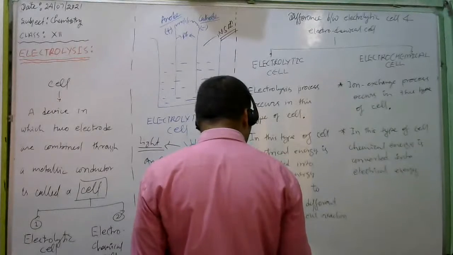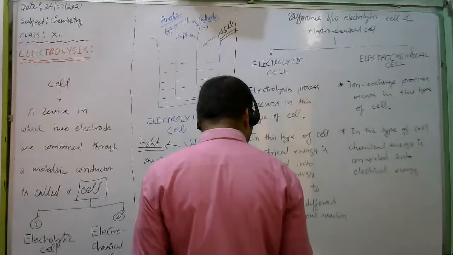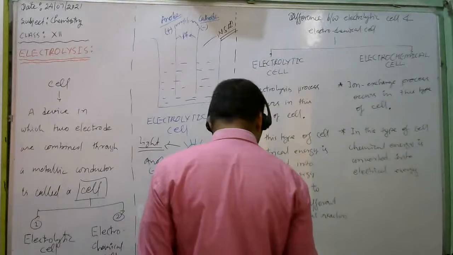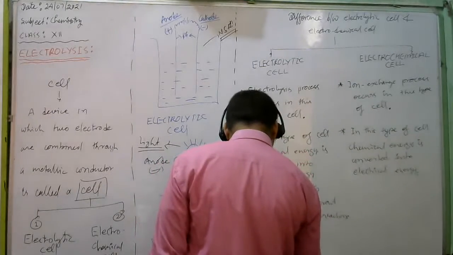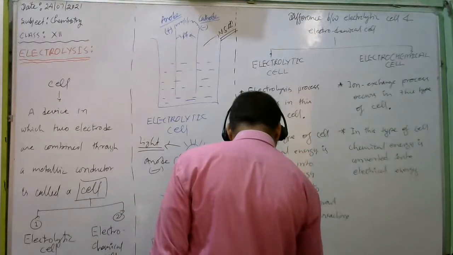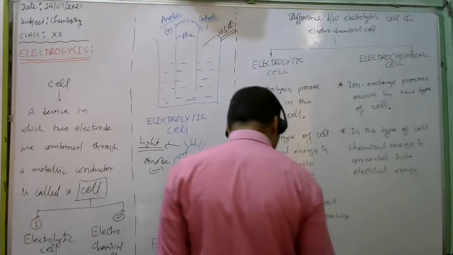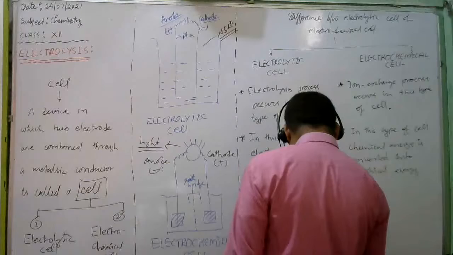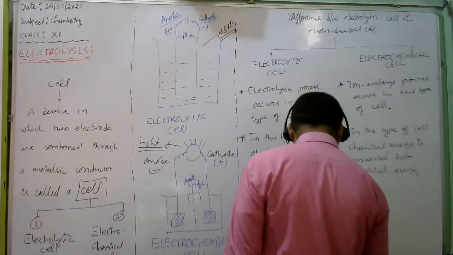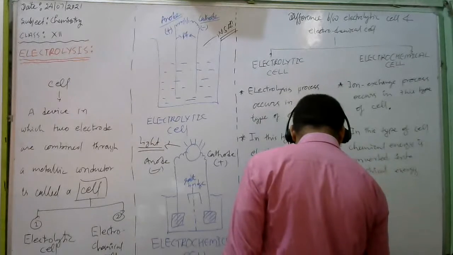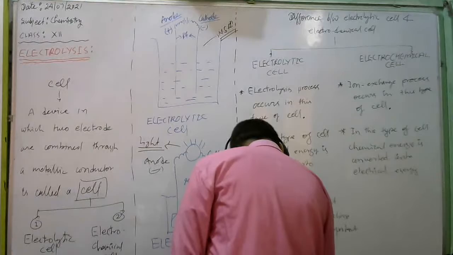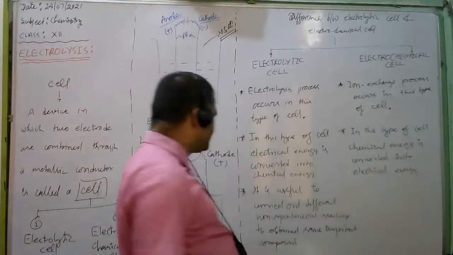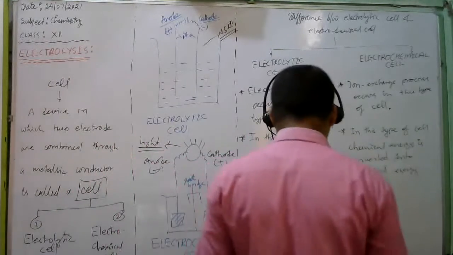It is useful to carry out different non-spontaneous reactions, meaning it is used for obtaining some important chemical compounds, right?